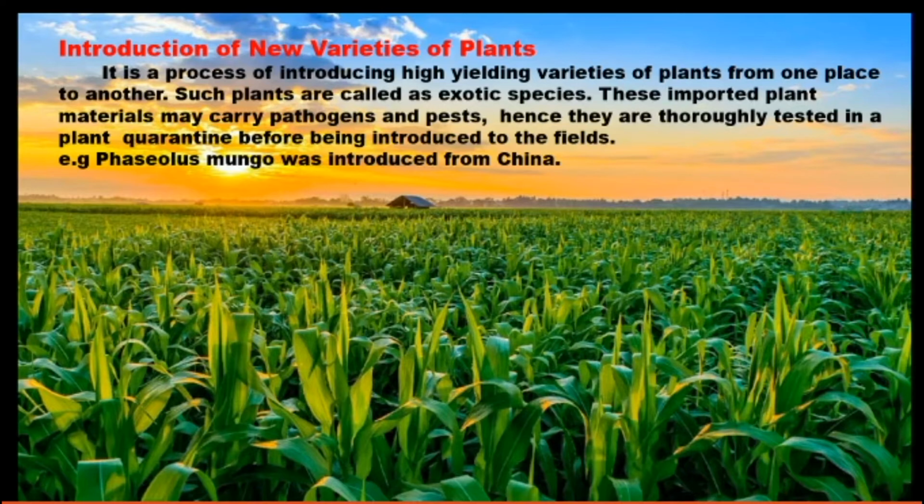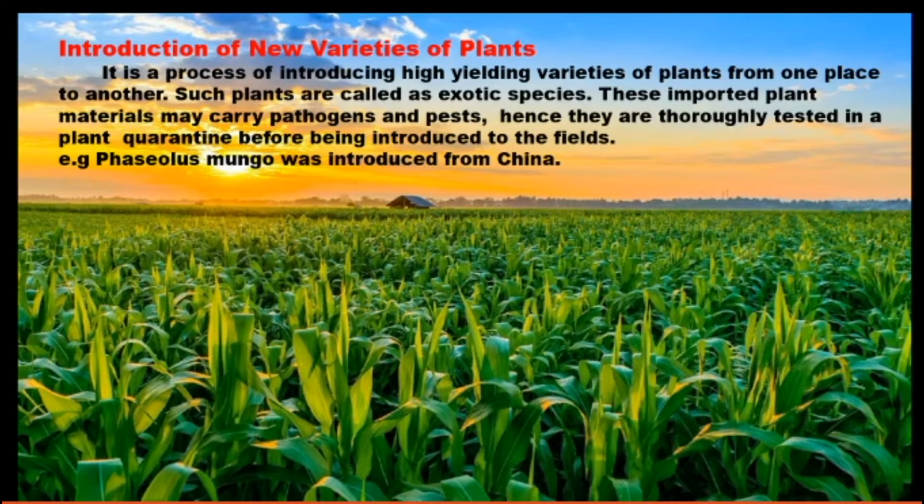Such plants are called exotic species. Exotic species means plants from a foreign country to our country, or from here to another country. Indigenous species are the plants which are available in our own country, and for those we go for cross breeding.